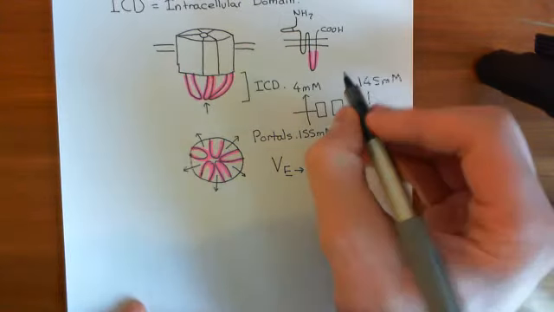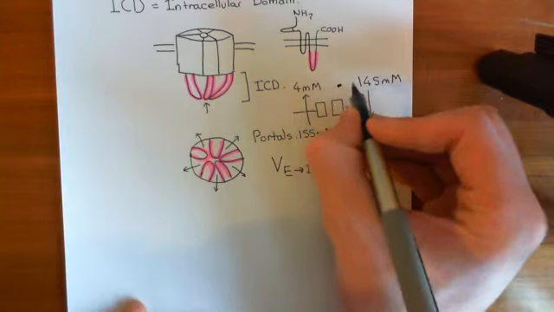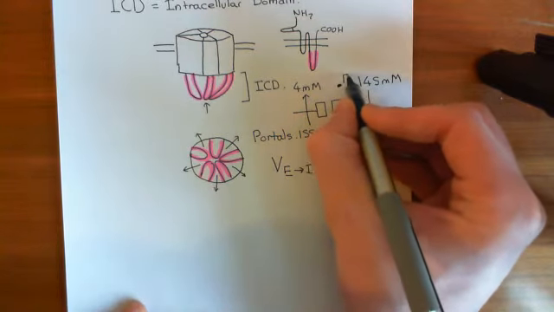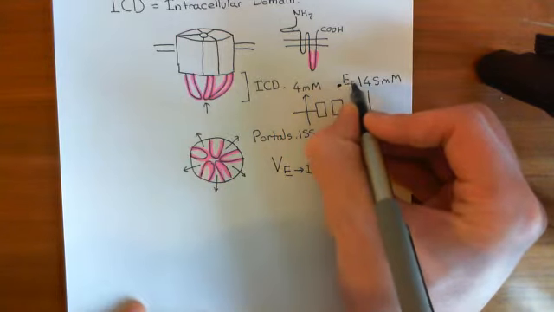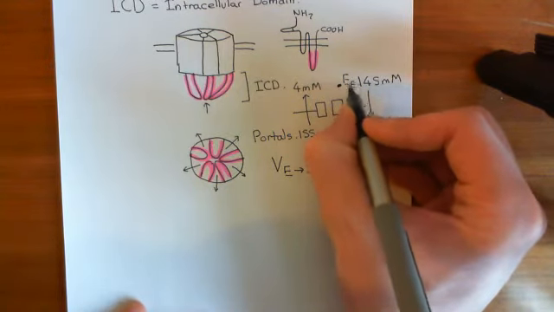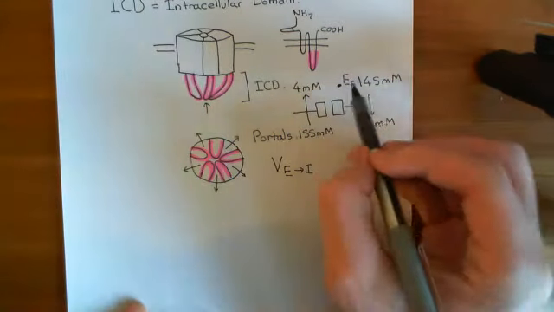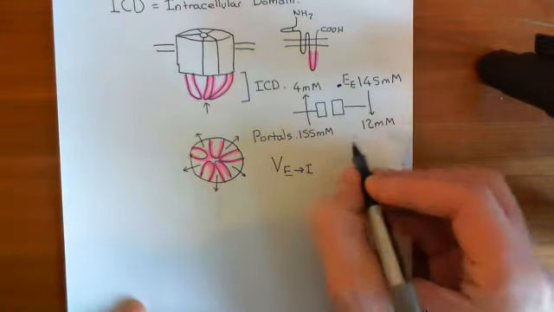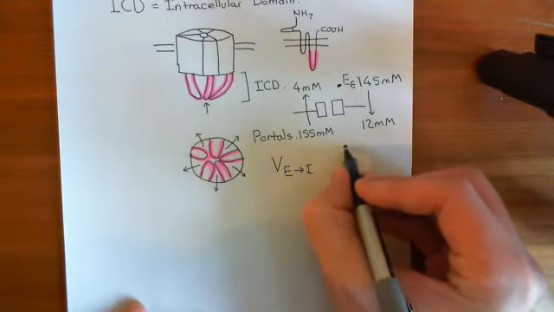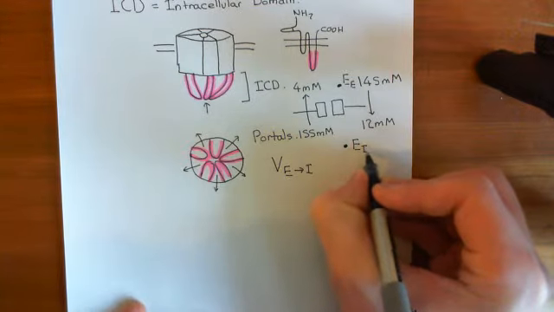Well, if you had a little man standing in the extracellular compartment, he could measure the electrical potential, which I'll denote as big E, of the extracellular compartment, with subscript E. He can then move into the intracellular compartment and measure the electrical potential, big E, there.